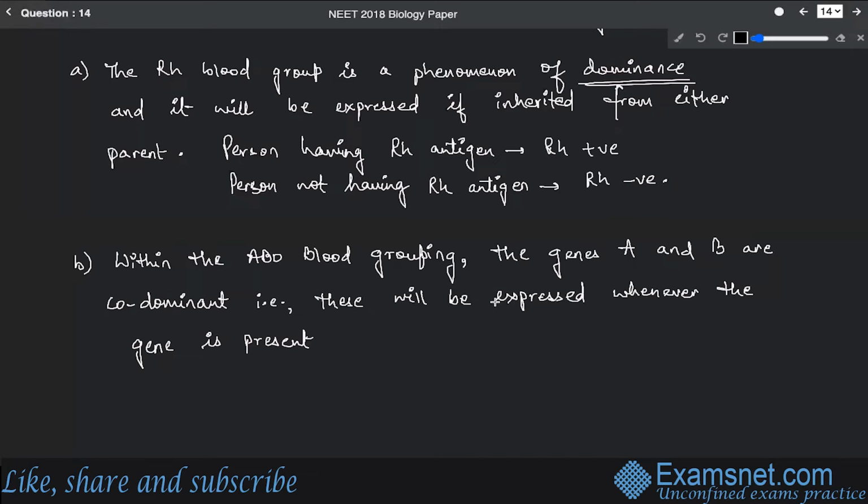While the O gene is considered to be silent, and it is only expressed when neither the A gene nor the B gene is present.